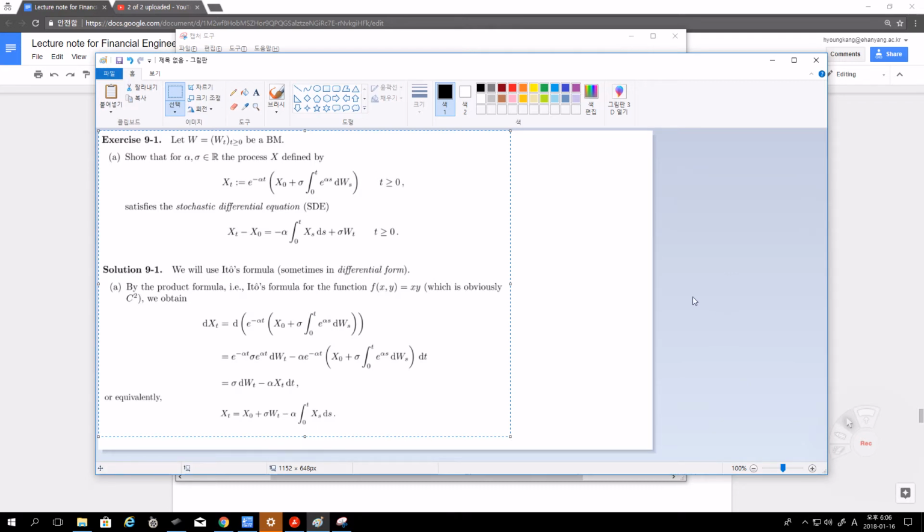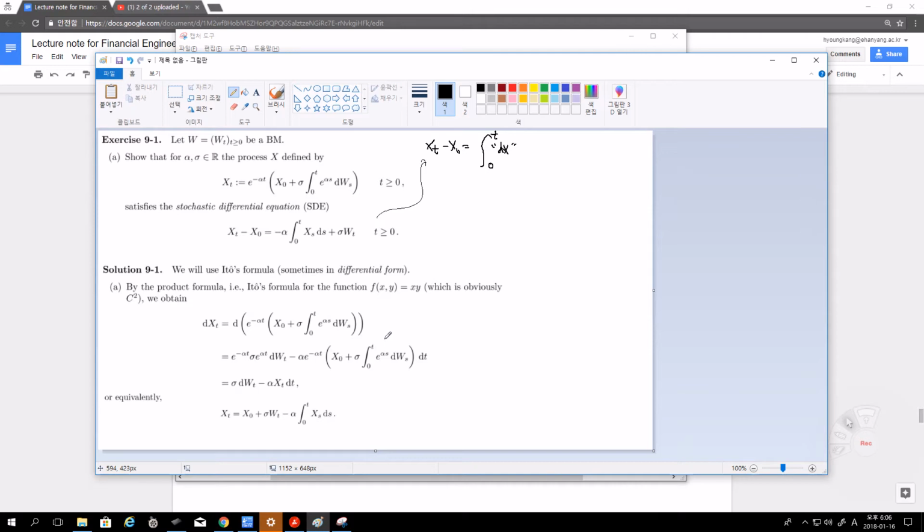So basically, we have to know the intuition first. What this means is xt minus x naught is basically the change of x from 0 to t, right? So that's why we are interested in dx, the change of x from 0 to t. So dx, because x is given, should look like this.